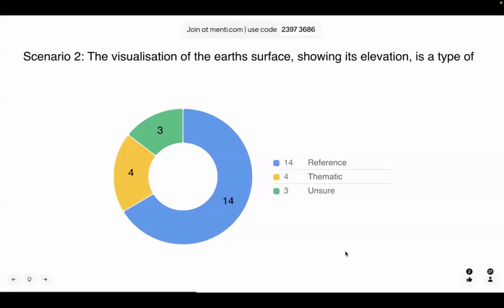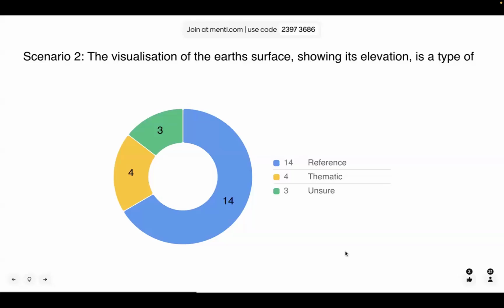I would argue that the visualization of the Earth's surface showing its elevation is indeed a type of reference map. This is what we would call a topographic map, and this refers to basically a graphical representation of the 3-dimensional configuration of the surface of the Earth. So in short, it's basically describing where the Earth's surface is elevated.